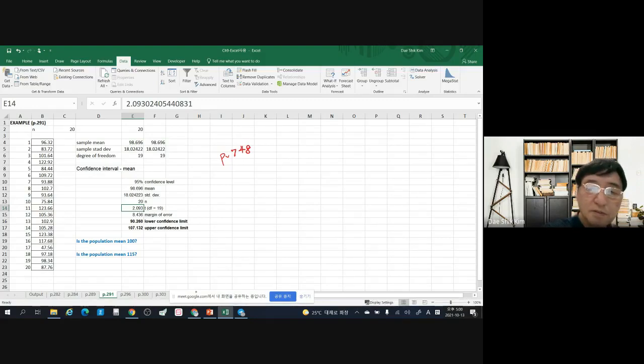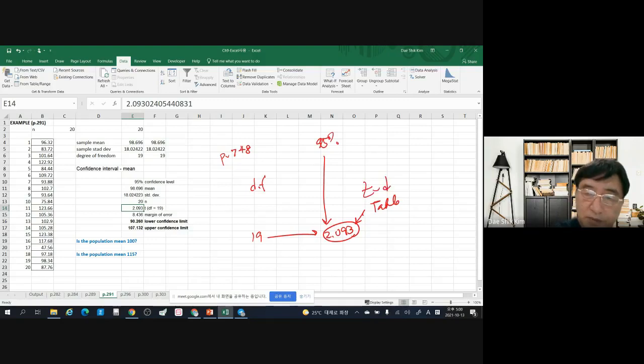So for degree of freedom, you need to look at 19, and confidence level 95%, and look at here. 19 gives 2.093. You can get it from the t distribution table.